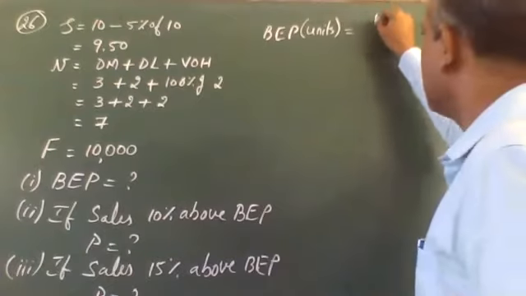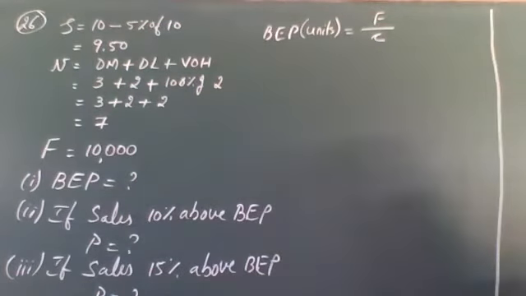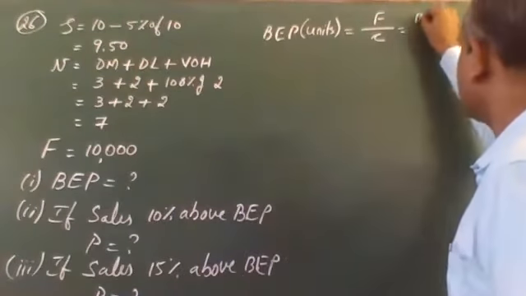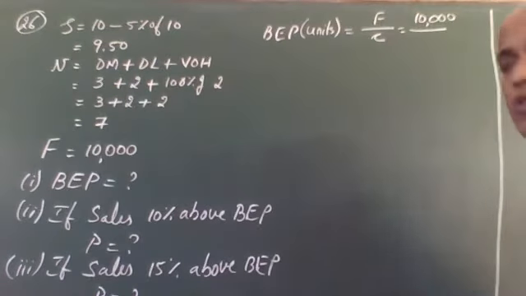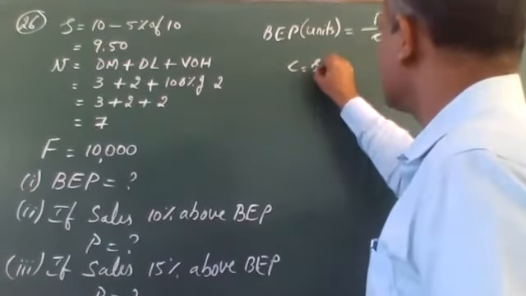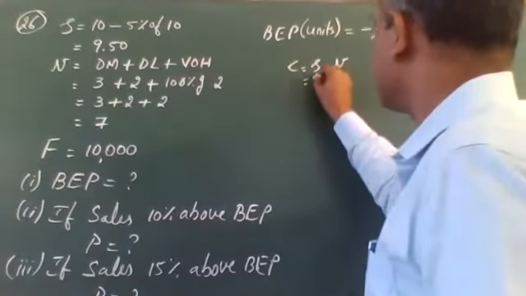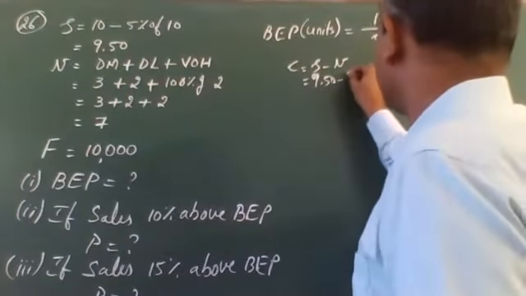What is the formula? Fixed cost divided by contribution per unit. Fixed cost is 10,000 rupees. Do you know what contribution per unit is? Contribution per unit is selling price minus variable cost. Selling price is 9.5, variable cost is 7.